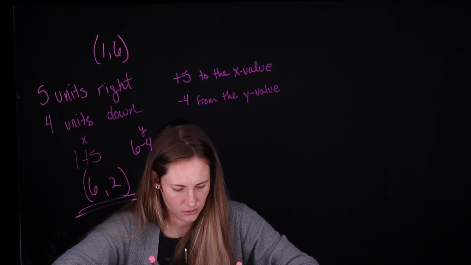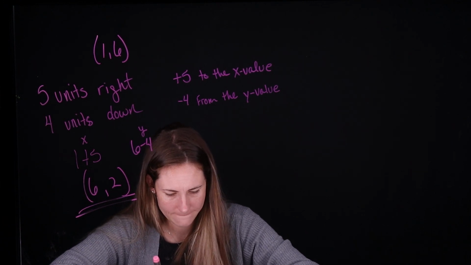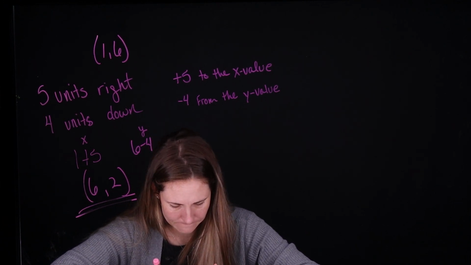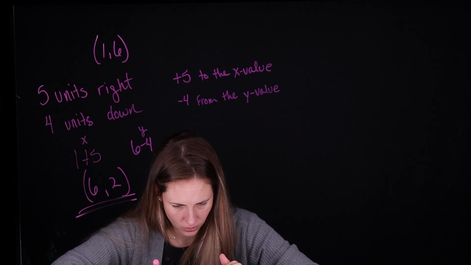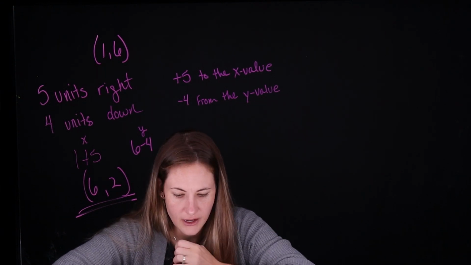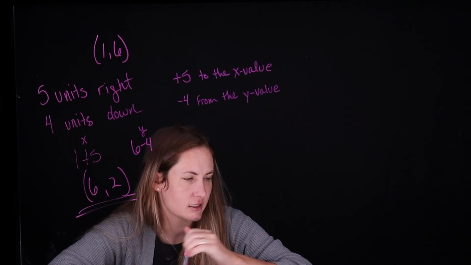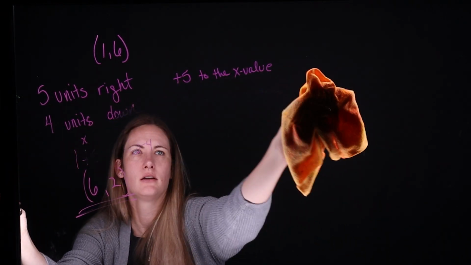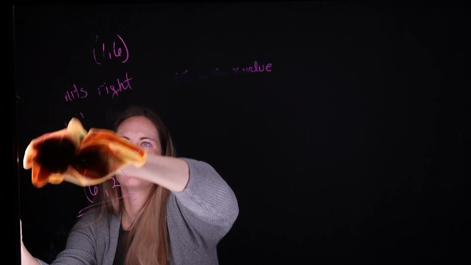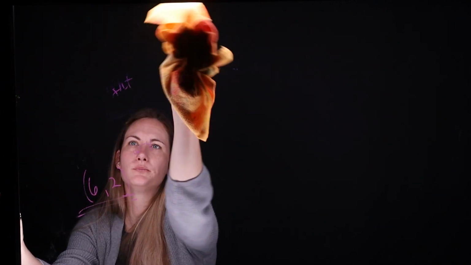And then we have one more problem. Find all points having an x-coordinate of 3 whose distance from the point (-1, -6) is 5. So this is a distance problem. Let's get all of our information up here first.